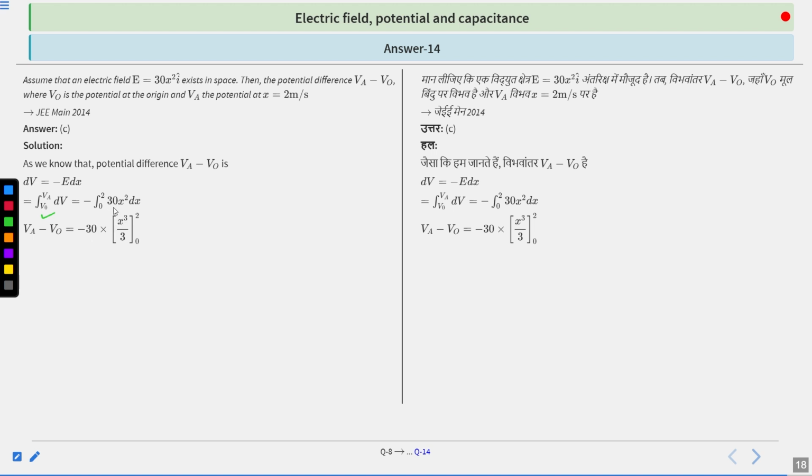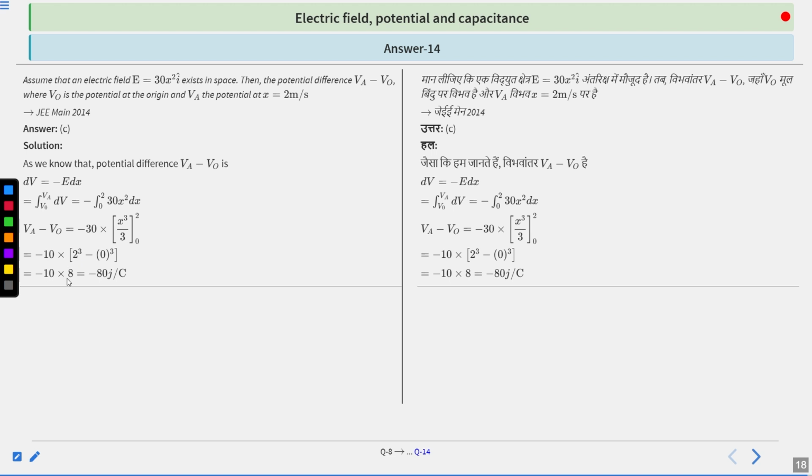minus, and 30 is a constant so it comes outside, multiplied by the integration of x square, which is x cube divided by 3. So 2 plus 1 is 3, divided by 3. And the limit is 0 to 2. Solving with this limit, you will get minus 10, the 3 and 3 cancel out, so 10 remains, minus 10 into 2 cube minus 0 cube, and 2 cube is 8.